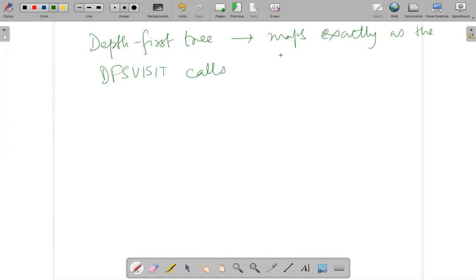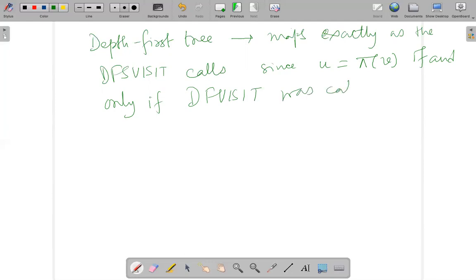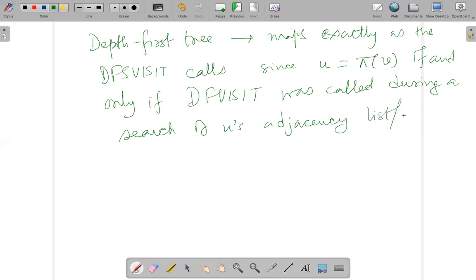Okay, since your u is equal to pi v if and only if DFS visit was called during a search of u's adjacency list or matrix, whatever representation you are using.